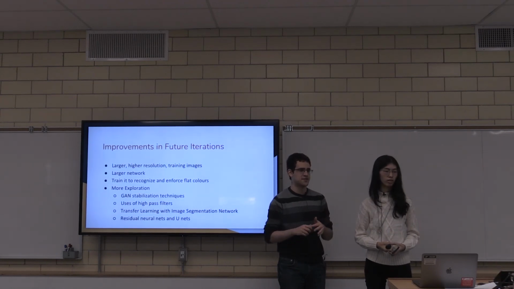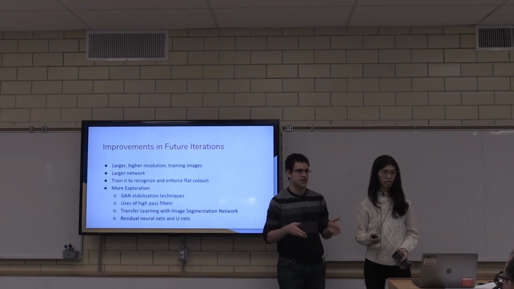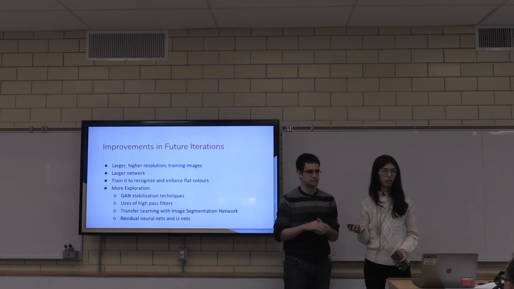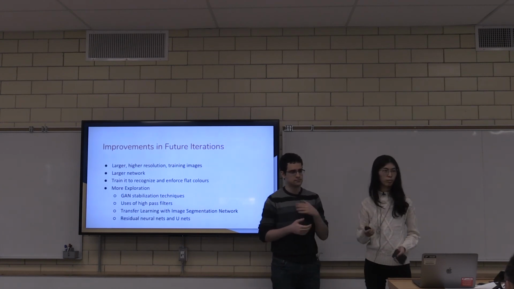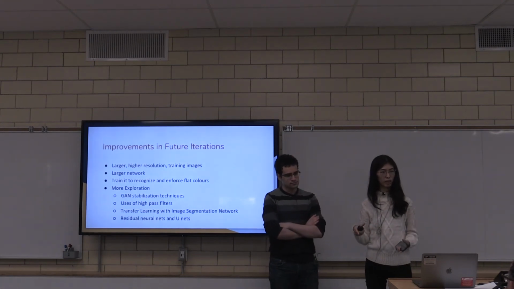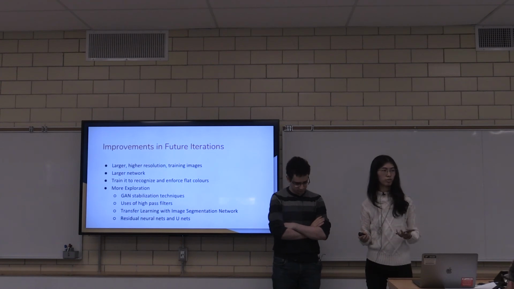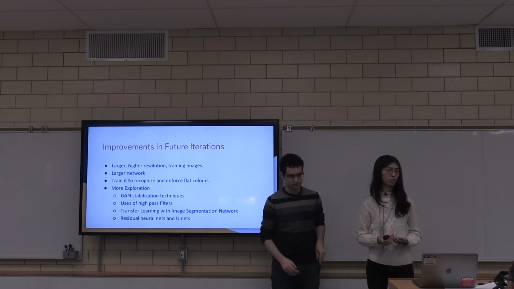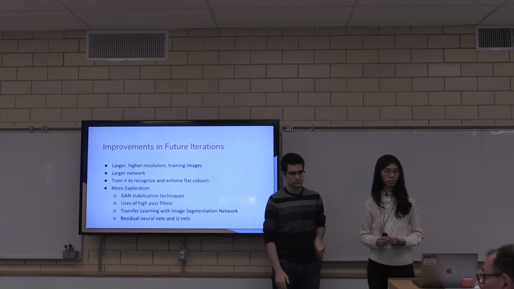Maybe it doesn't have the same colorization as the original image it was based on, but it produces a valid recolorization anyway. That was something we saw in one of our sample data that we didn't get a chance to talk about, where the model, without color hints, was able to produce a realistic looking image, but it just didn't match the original image. That was something we hoped the GAN would help our model do. Great. Okay, thank you.